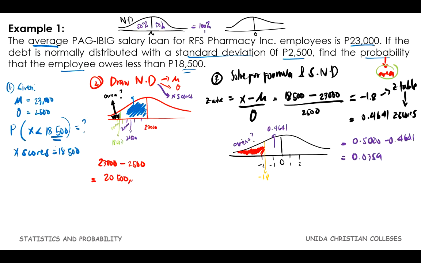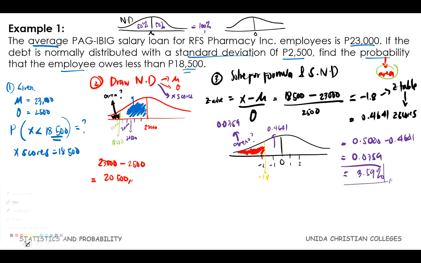So, in decimal form, ibig sabihin, yung area nawawala, that is 0.0359. Okay po? Dahil probability, area ang kinukuha natin, convert this into percentage. So, 3.59%. Ayun yung area na hinahanap natin.